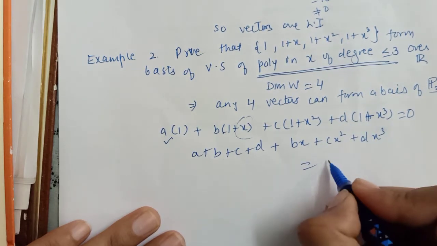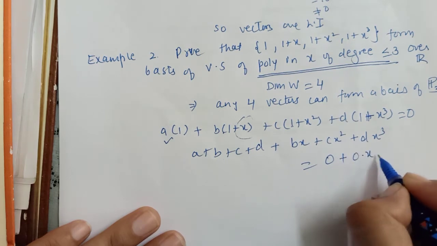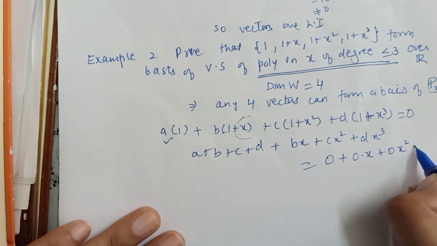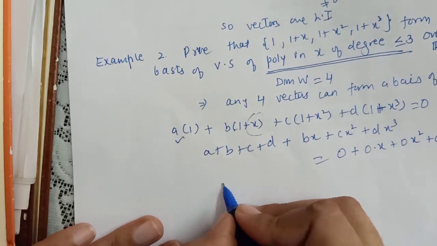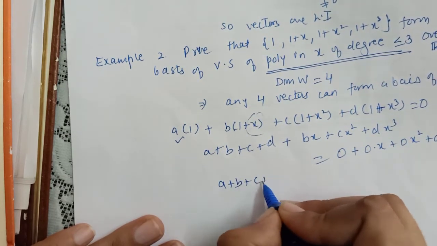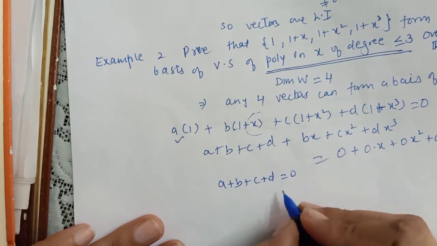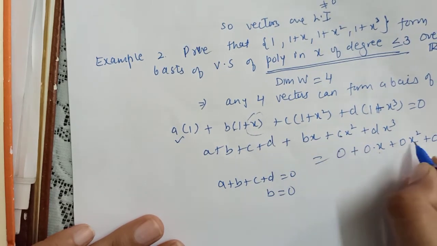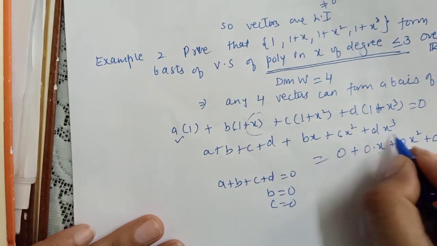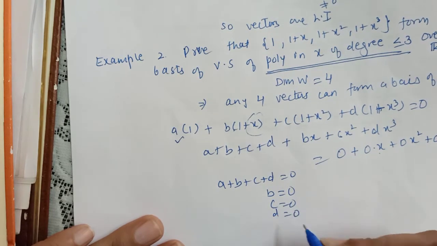Can I write this 0 as 0 plus 0 times x plus 0 times x square plus 0 times x cube? Now compare the coefficients on both sides. We will get a plus b plus c plus d is equal to 0, and from here b is equal to 0, from here c is equal to 0, from here d is equal to 0.